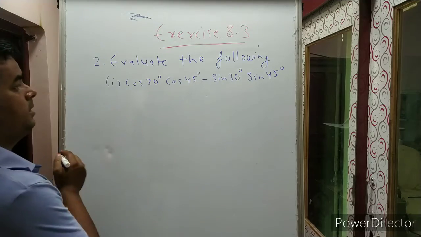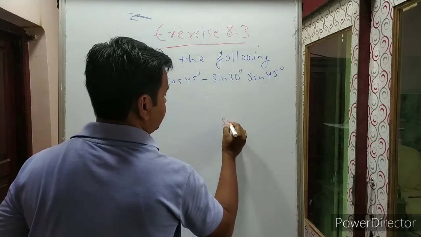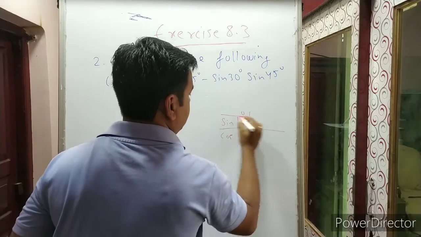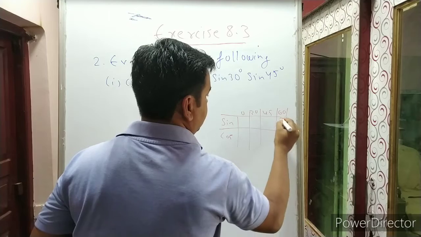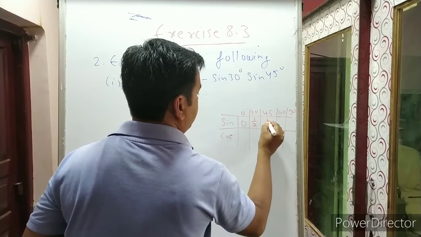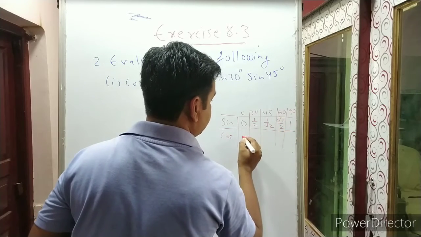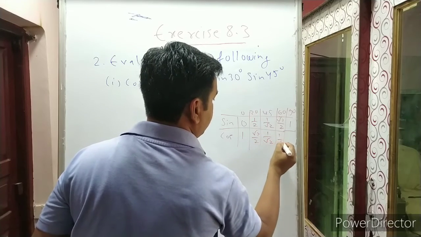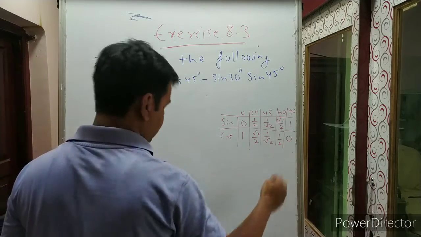As we need only cos and sin's value, we will write that only. Sin, cos. What we need? 0, 30, 45, 60, 90. And this is 0, 1 upon 2, 1 upon root 2, root 3 upon 2, 1. And this is 1, root 3 upon 2, 1 upon root 2, 1 upon 2, 0. Okay. Just writing in reverse order.